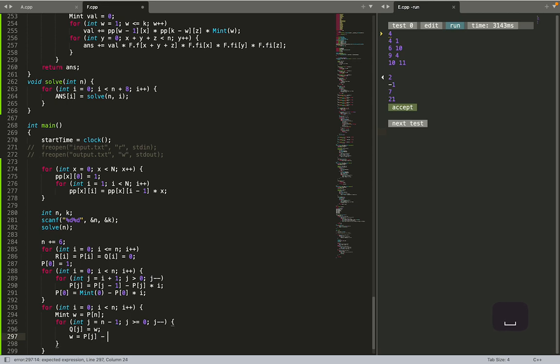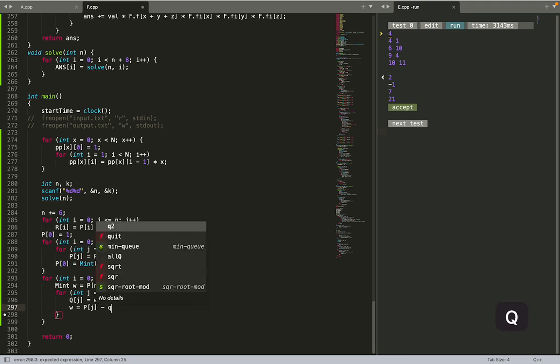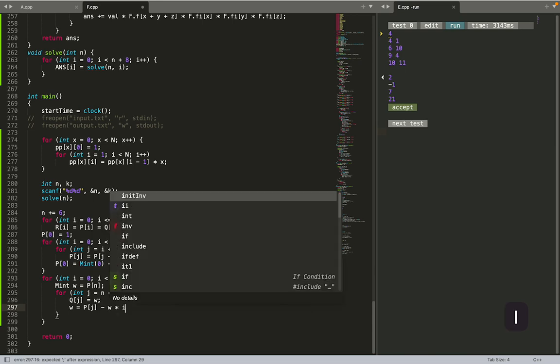What do we do? I guess I have never written interpolation after I switched to this mint type, so my fingers remember how I wrote it before. Okay, it should be y times.